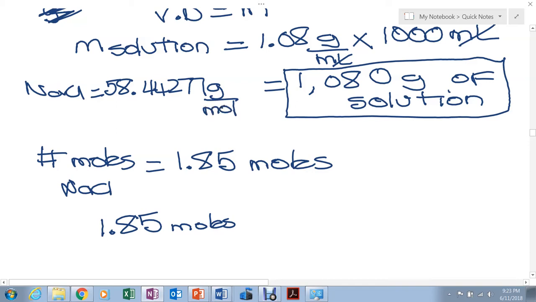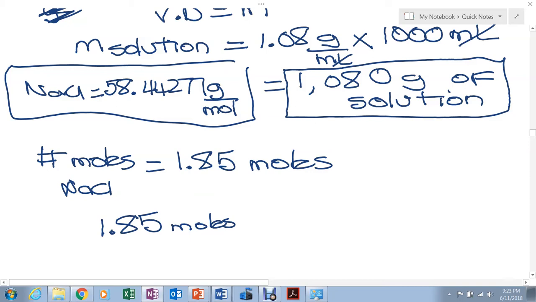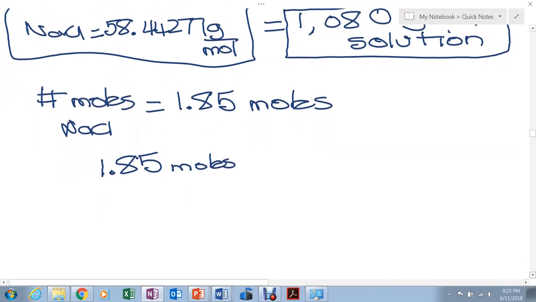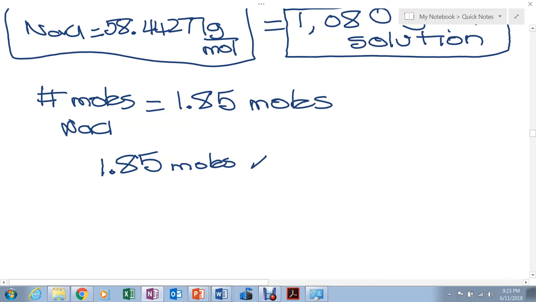Okay, so using this molar mass, we convert the 1.85 moles in 1 liter to grams. Grams go on top, because that's what we want: 277 grams, and the 1 mole goes on the bottom.